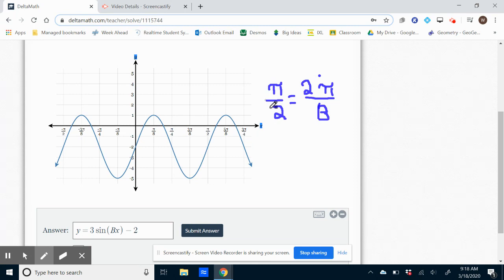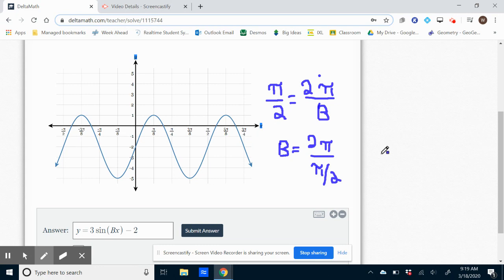If we ended up solving for b algebraically, it would really be 2 pi divided by pi over 2, and keep change flip, that really means 2 pi times 2 over pi. Keep the 2 pi, change division to multiplication, and flip pi over 2 to 2 over pi.